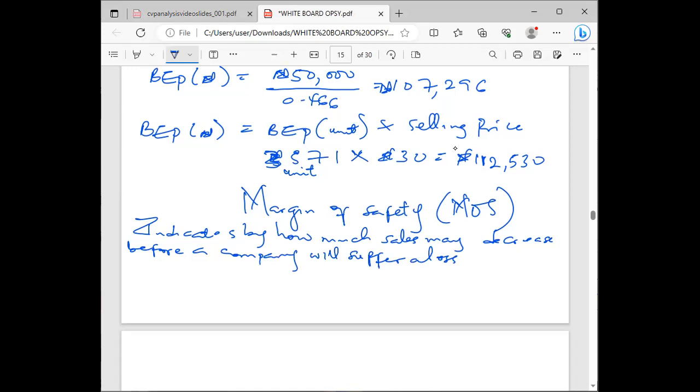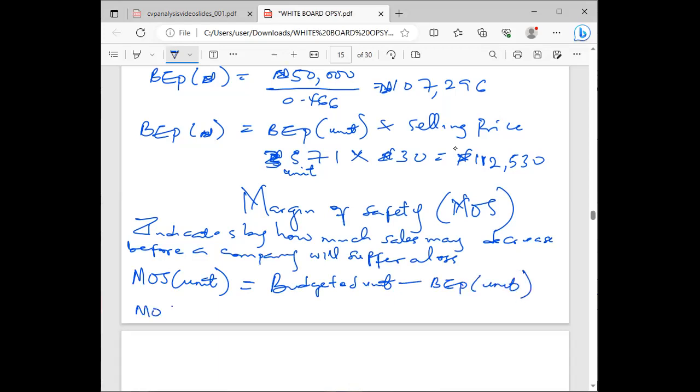And it is represented just like your BEP, in units and sales value. So MOS in units is budgeted sales units minus break-even point in units.